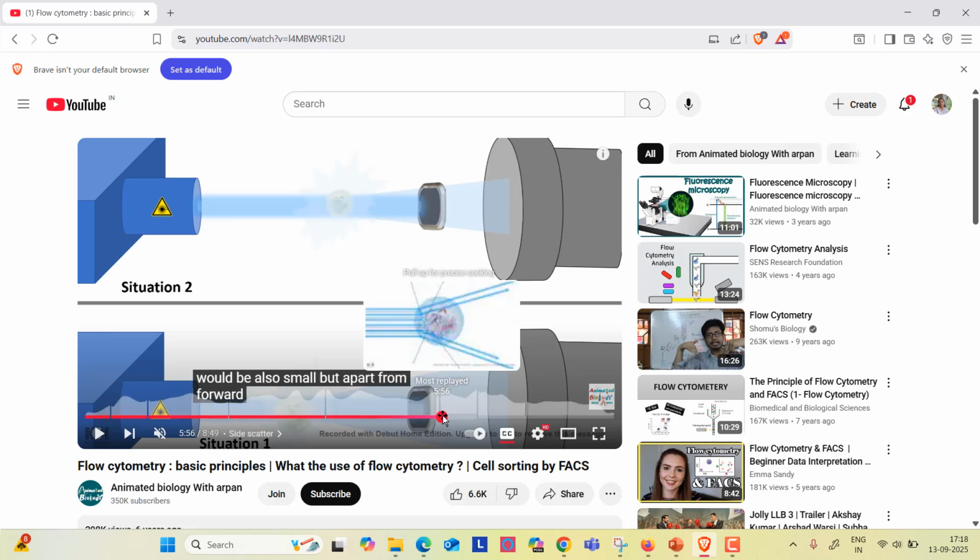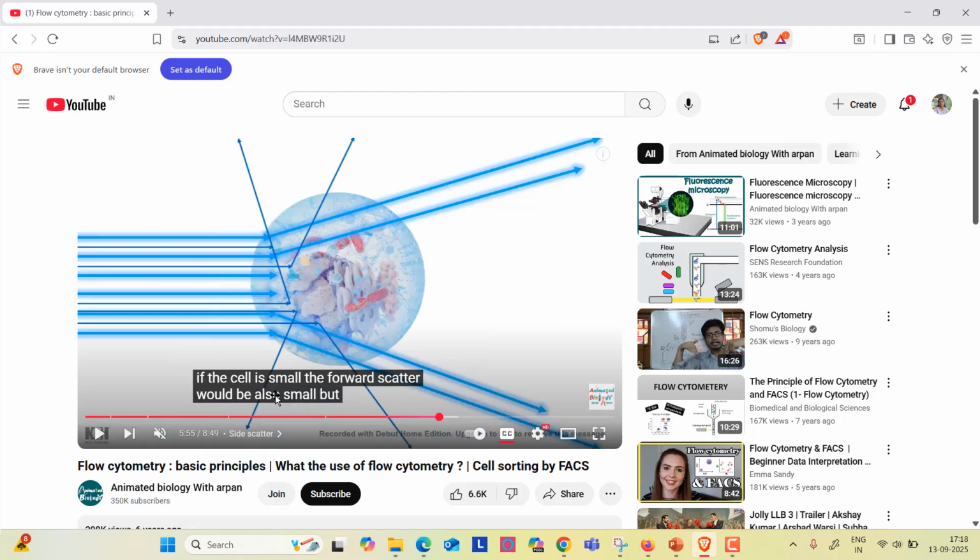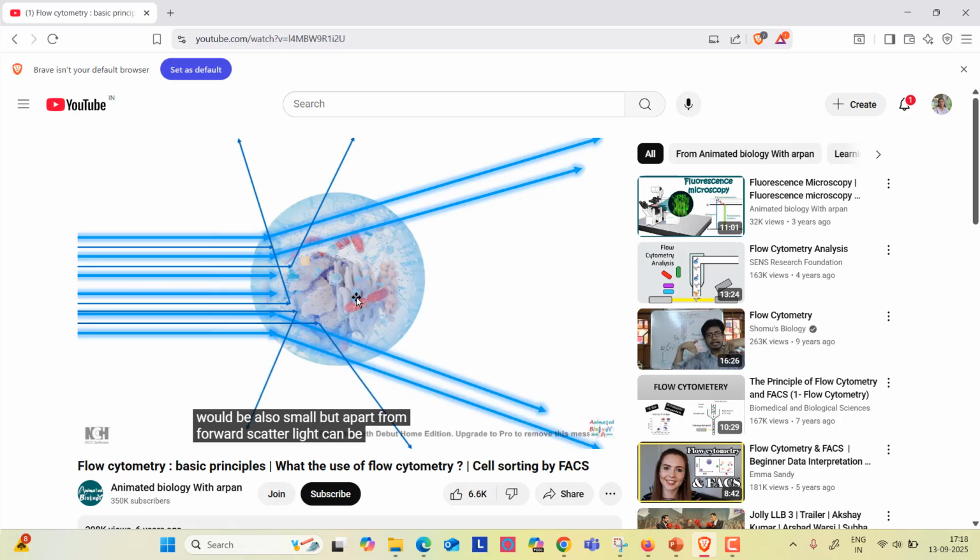And what happens? If the cell is small, the forward scatter would be small, right? But the forward scatter light can also be bent into higher angles, which would be detected by side scatter detectors. Light would be scattered at higher angles when the cellular complexity is more, when the light gets a lot of obstruction while passing through the sample.